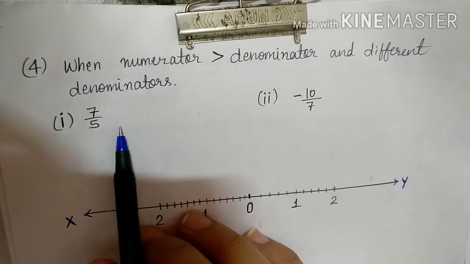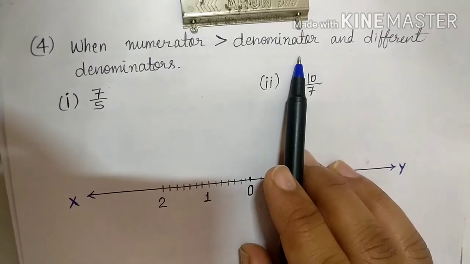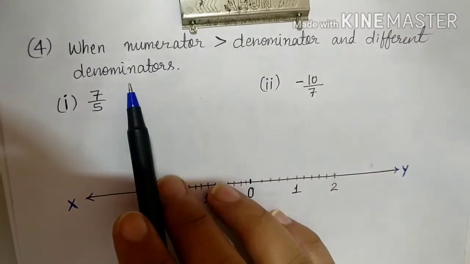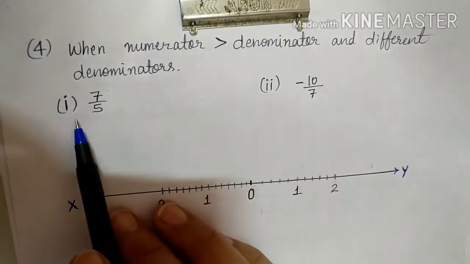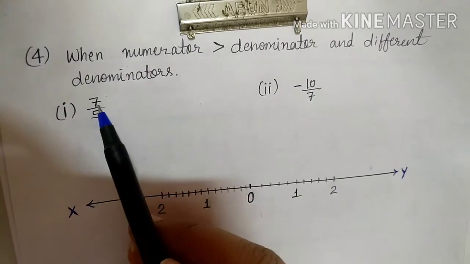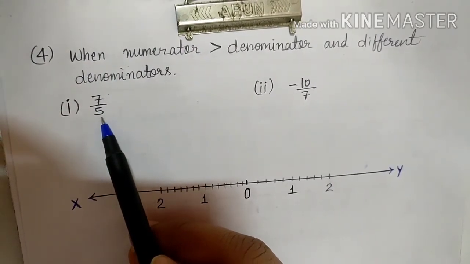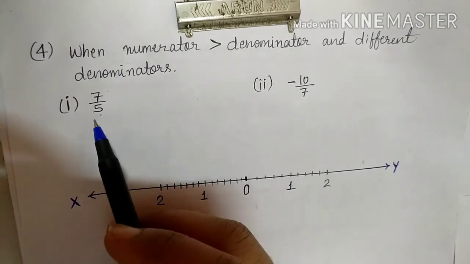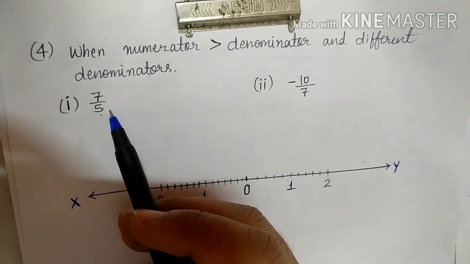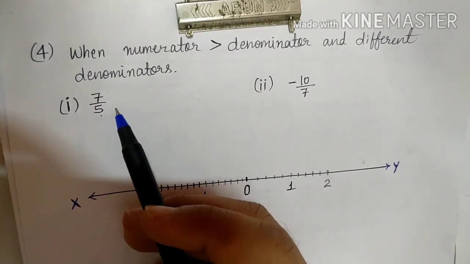So now next, when the numerator is greater than the denominator, once again pay attention, and they are having different denominators, like 7 upon 5. 7 is the numerator and 5 is the denominator. Till now, whatever we have learned was about the same denominator, and then different denominators, mixed fractions.